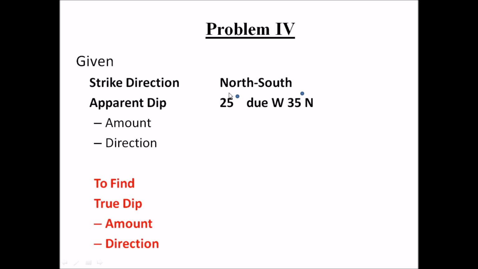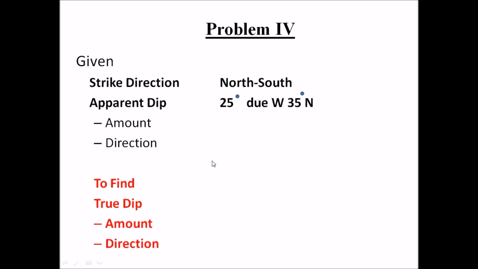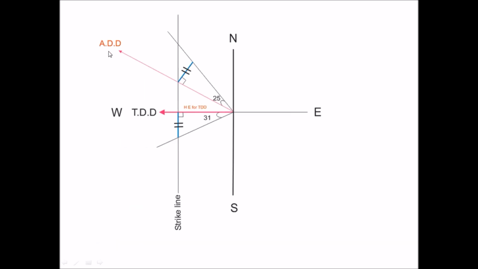Remember, the strike direction is given. So when the strike is given as north-south, naturally the direction of true dip would be perpendicular to it, either towards west or towards east. Now remember, here apparent dip direction is given as 35 degrees north of west. So we have drawn this as 35 degrees north of west.